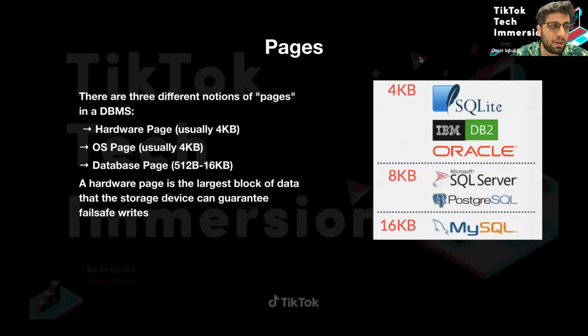The thing I'm going to be focusing on more is database pages. But I want to highlight that the reason databases do this is because under the hood, there's this thing called a hardware page, and the database page wants to make optimal use of the hardware page. That's why they model this explicitly.